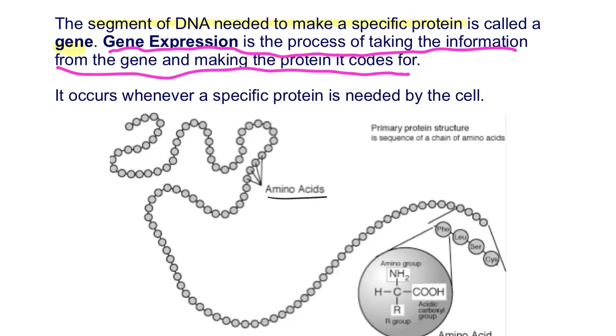So the order of those amino acids is coded for in the specific gene on the DNA molecule. The DNA molecule in that gene has the order that the amino acids should be and what amino acids they are and how long the polypeptide should be. So all that information is coded for in the gene, in the DNA.